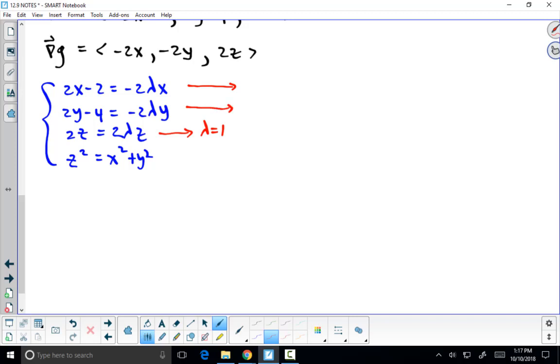If lambda is 1, then this top equation, if we divide by 2, we end up with x minus 1 equals minus x, which tells us that 2x is equal to 1, which tells us that x is equal to 1/2. In the second equation, if we plug in lambda equals 1 and divide by 2, we'll get y minus 2 equals minus y. So that will give us 2y is equal to 2, so y is 1.